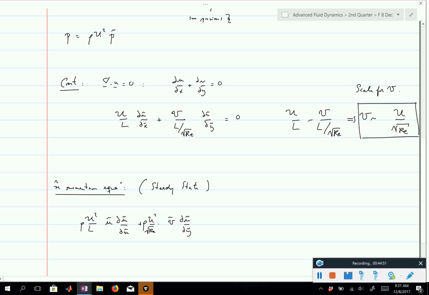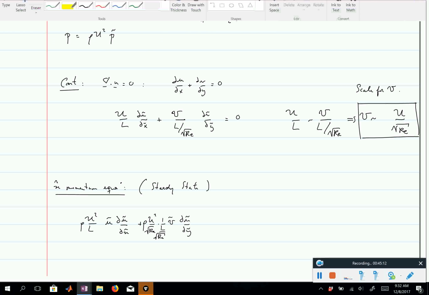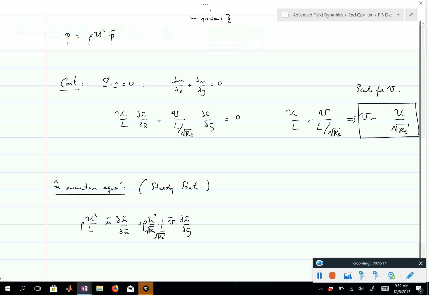And then I have a 1 over delta, and this 1 over delta is going to give me another L divided by the square root of the Reynolds number. Okay? So here, this guy here is essentially rho, my scale for u, my scale for v, divided by delta. And this is rho U squared divided by L.